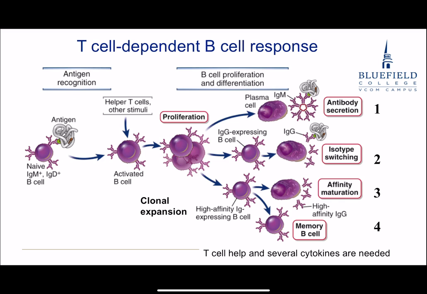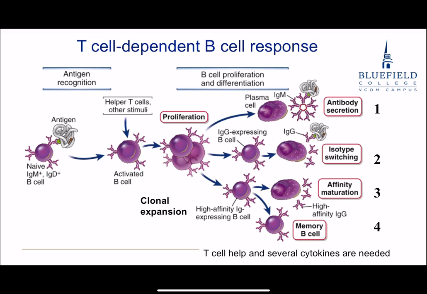thousands or millions of copies of identical antibodies that are just perfect. Those plasma cells also clonally expand, so they make identical twins of themselves, and they don't mutate anymore after that. They just clonally expand, so there's a bunch of these identical twins of all these plasma cells.